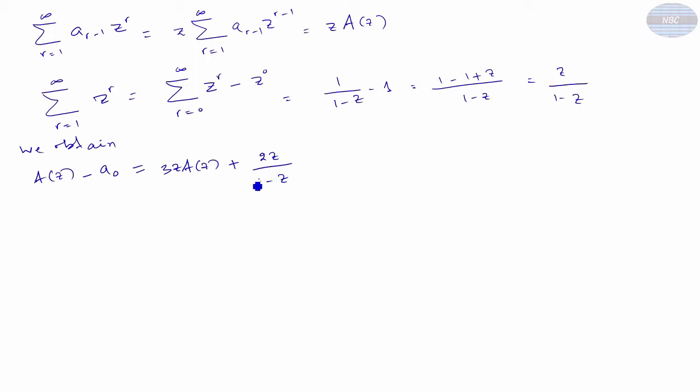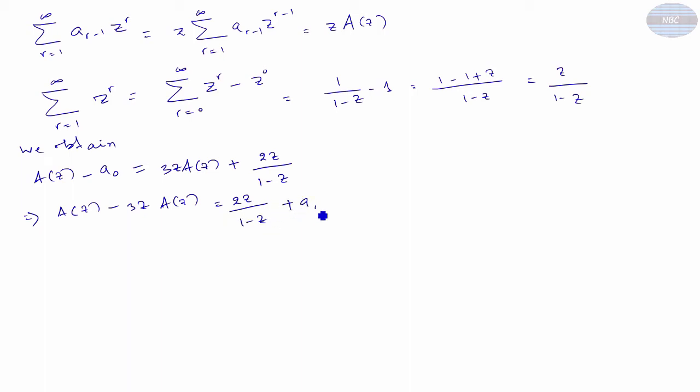So A(z) and 3z A(z), 3z A(z) is taken to the left hand side and a0 is taken to the right hand side.